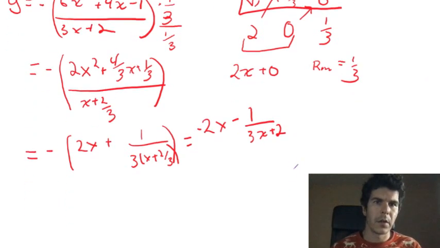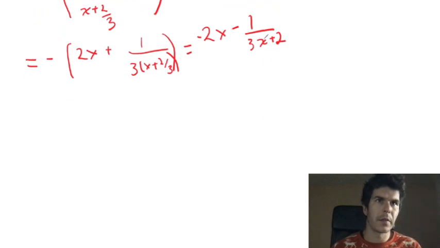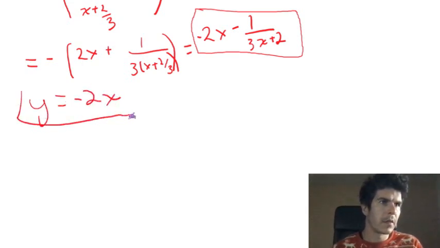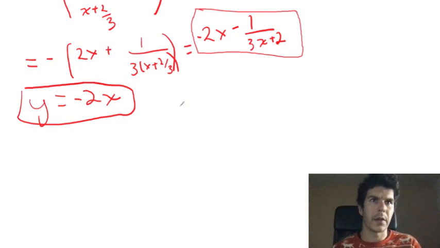So right away we can look at this equation and say a few things about it. We have here the line y equals negative 2x, the one without the fraction.